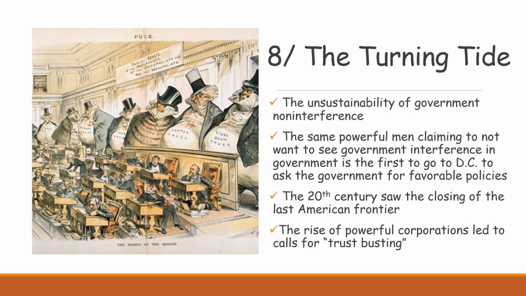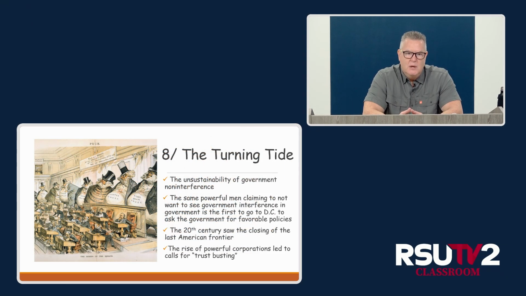You also see in the 20th century effectively the closing of the last American frontier and the rise of powerful corporations that are increasingly gathering unto themselves enormous wealth and leaving working Americans with a much more precarious living situation than they had previously. And increasingly you begin seeing people struggling to make do.